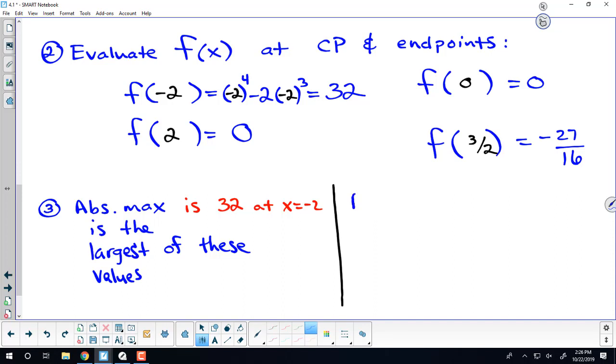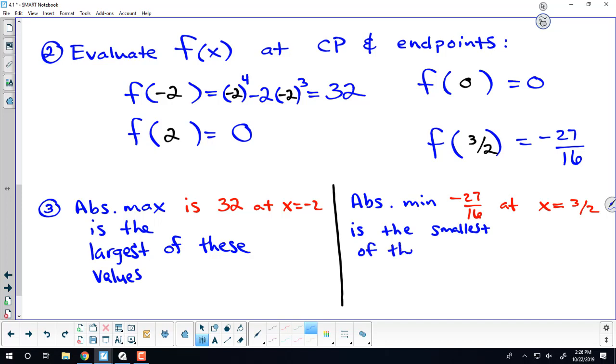And the absolute minimum is the negative 27 over 16 at x equal to 3/2. Y values.